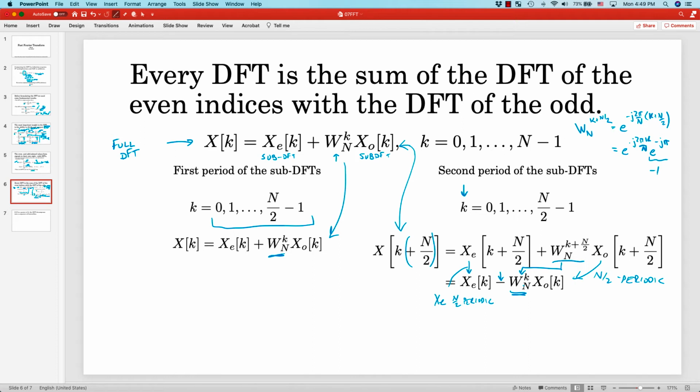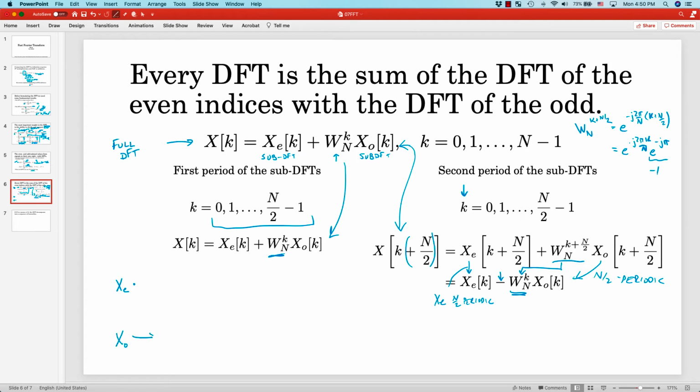We are going to capitalize on this symmetry because to calculate the full DFT, we only need to do 2 sub-DFTs. And we can represent that graphically in what's called a butterfly diagram. So let's say that we have big X sub e. So someone hands us that, and we also are given big X sub o.